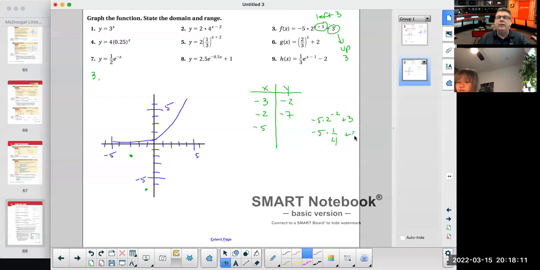Plus 3. So that's -5/4, which is -1 1/4. Are you okay with that? Plus 3. So I know it goes above, right? It certainly goes above, and that's because of the plus 3 thing. And that's what, 1.75 at -5. So somewhere around here. So now we have a really good idea of what this thing looks like.